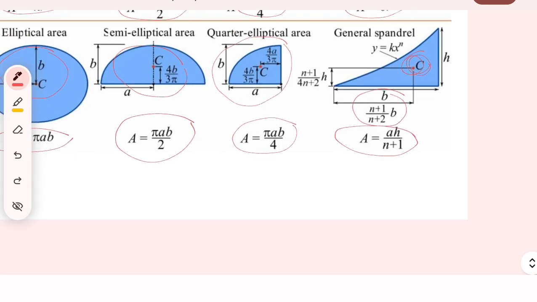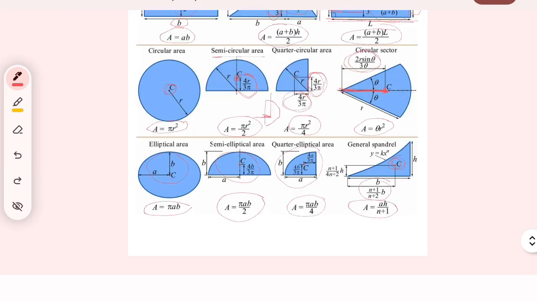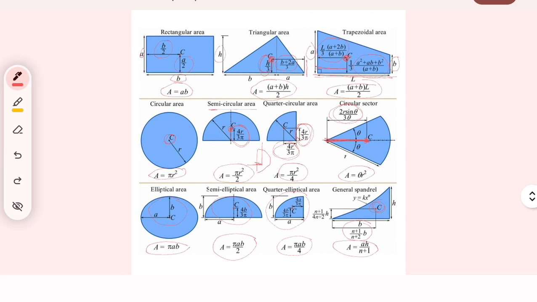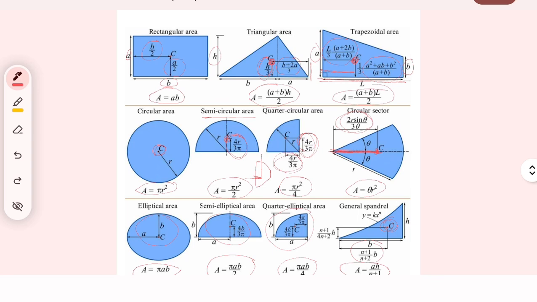So just remember how it looks, all right? If you can bring this kind of formulas with you during exams, that would be best. If not, then you need to memorize the formulas and remember how those areas are oriented and where those values of the centroids are actually coming from.